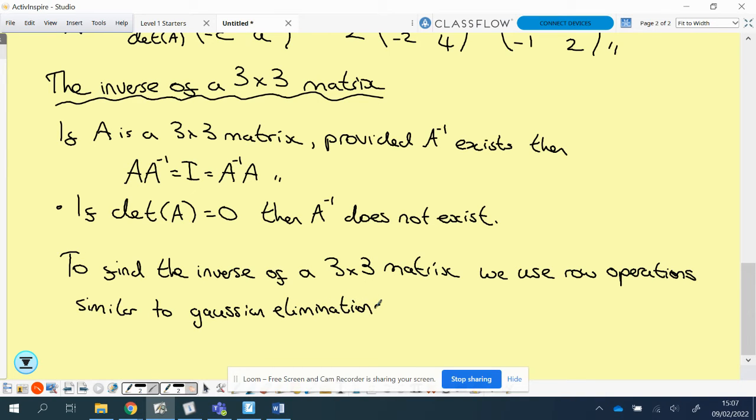Those skills that we've done for Gaussian elimination will be utilised again.